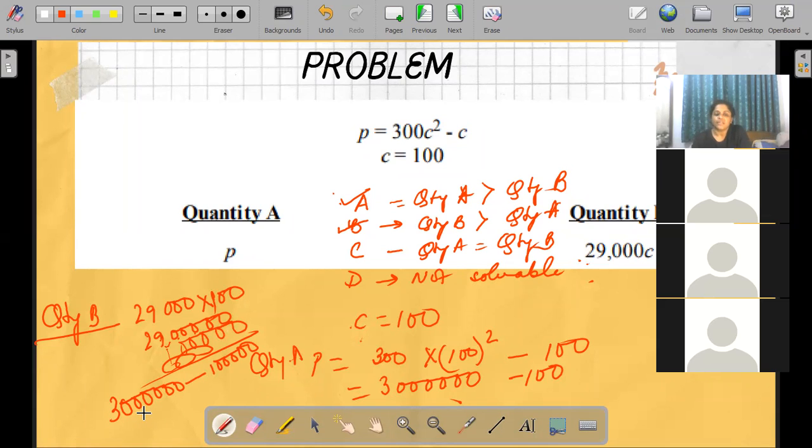So that's 30 lakhs minus 1 lakh, and this is 30 lakhs minus 100. Which quantity is going to be more? A. Did this make sense? Yes, ma'am. This is how we are going to work with the GRE problem.